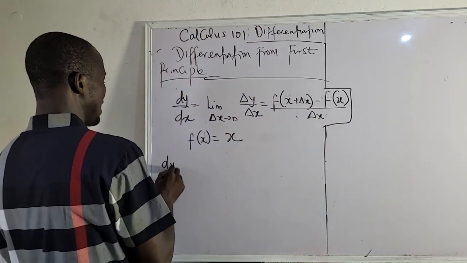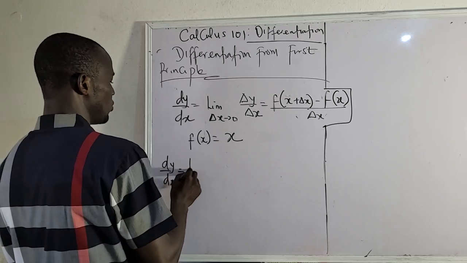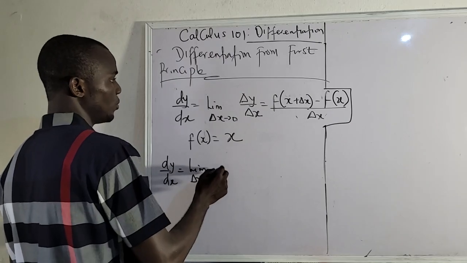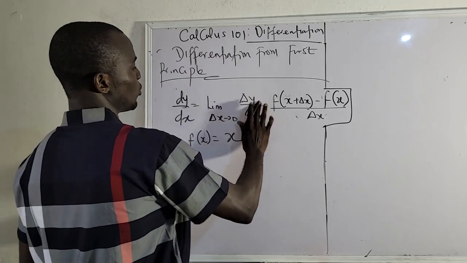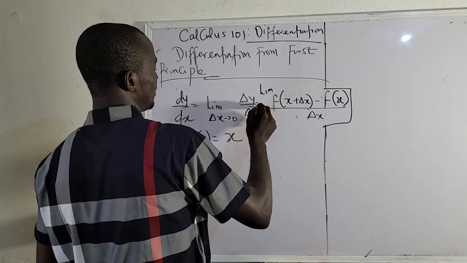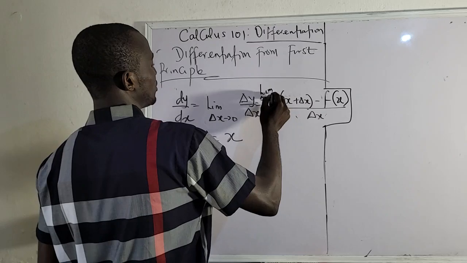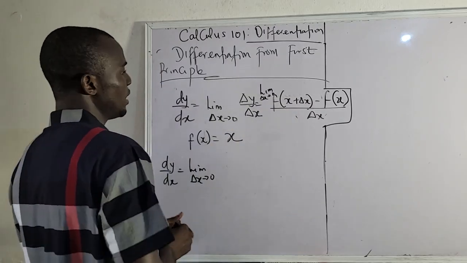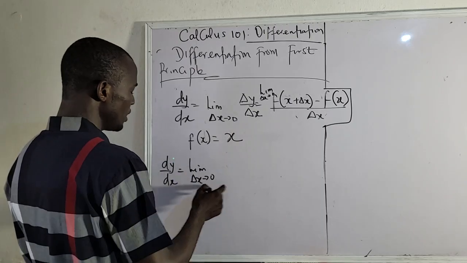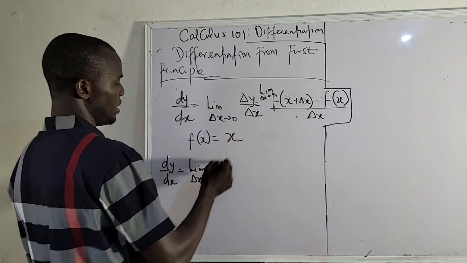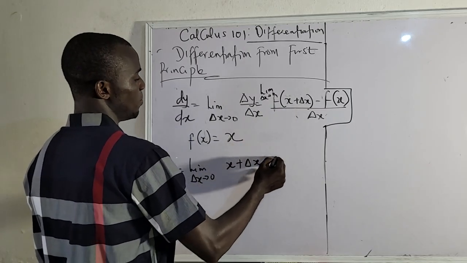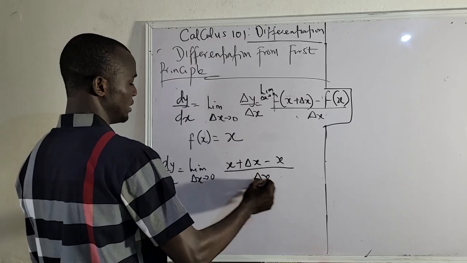So our dy over dx will be equal to the limit as change in x goes to 0 of, there's supposed to be a limit here as change in x approaches 0. All right, so that's what we will have. And then this will become x plus change in x minus x over change in x.